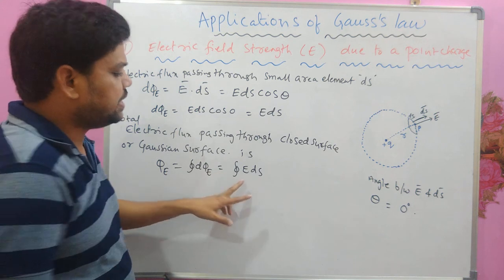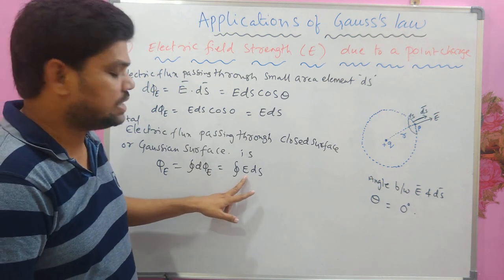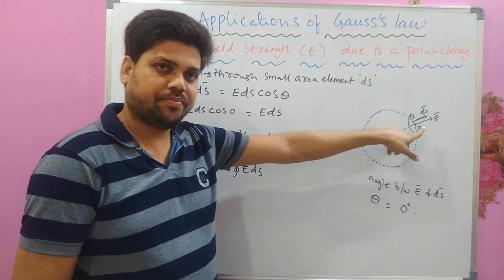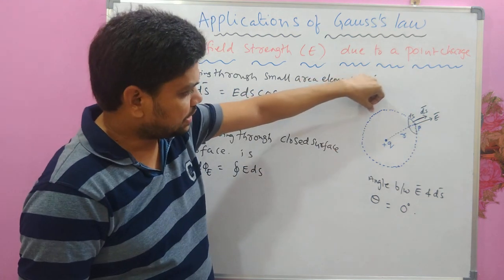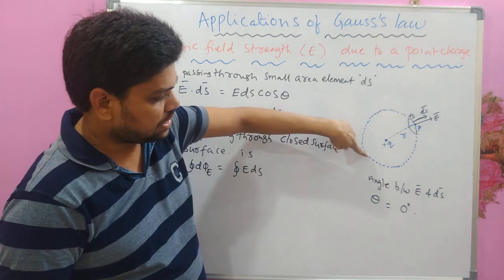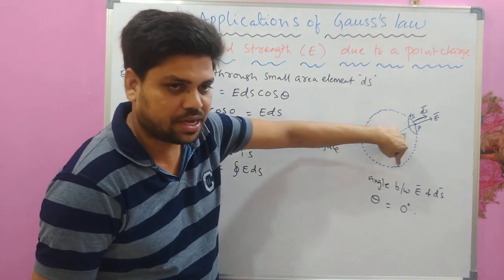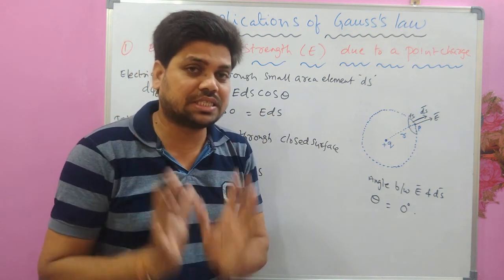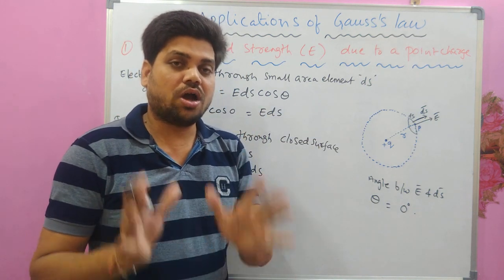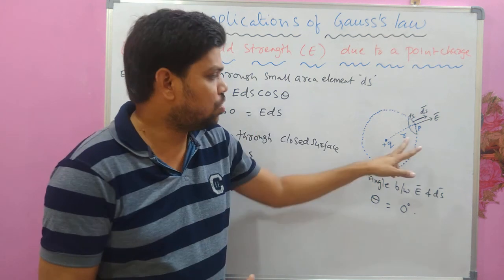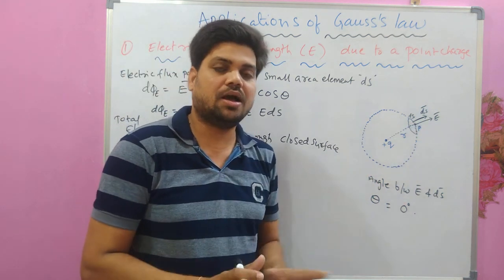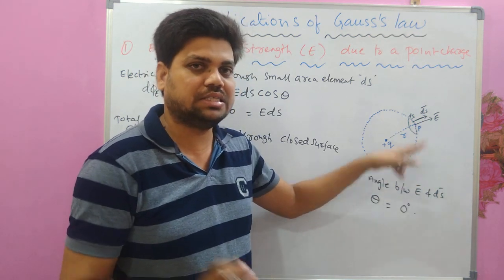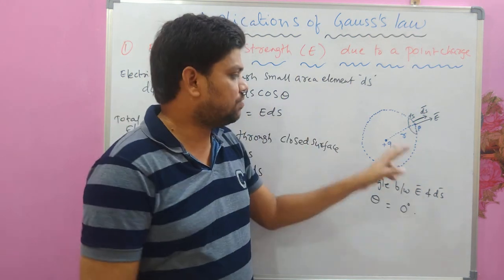Now see, what is E? E is the electric field at point P. What is the electric field here? Same. Here? Same. Here? Same. Electric field is constant on the Gaussian surface, on the closed surface, because every point on the Gaussian surface is equidistant from the charge.